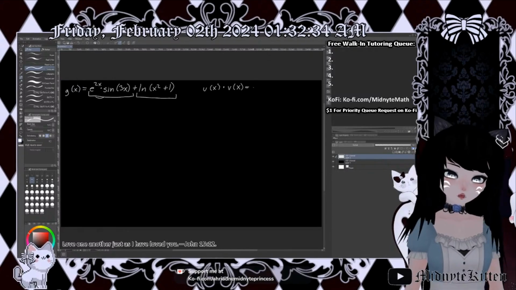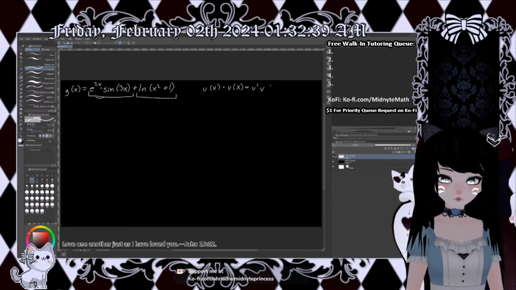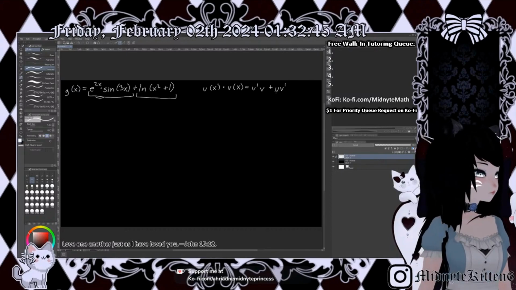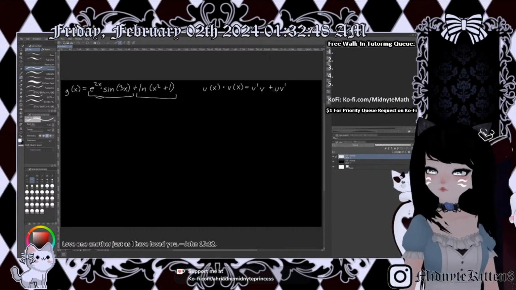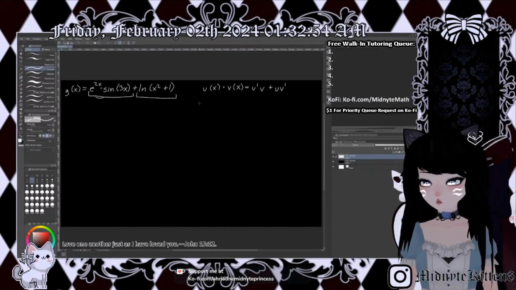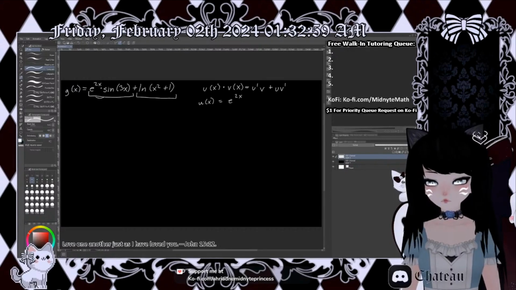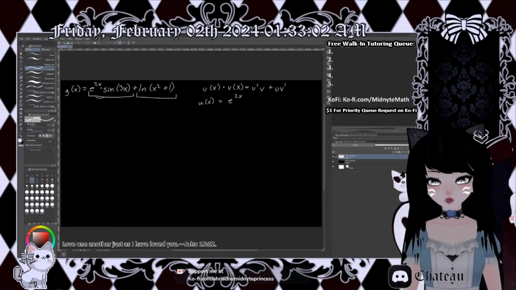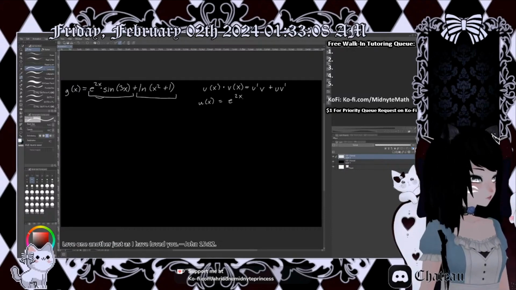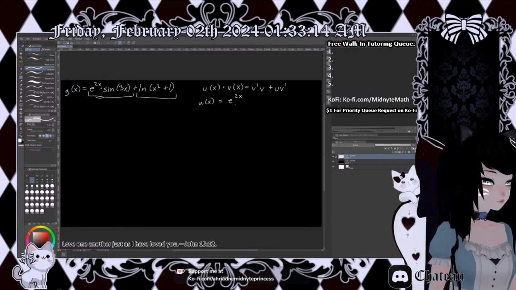Okay, so we're going to do the derivative of u times v plus the derivative of v times u. In this case, our u function is e to the 2x. The derivative of e to the 2x would just be, if I remember correctly, yeah.